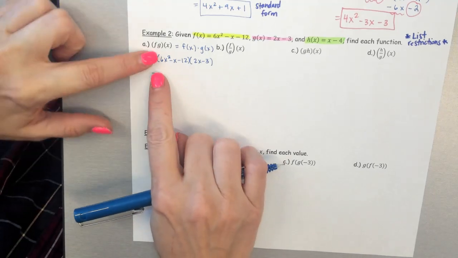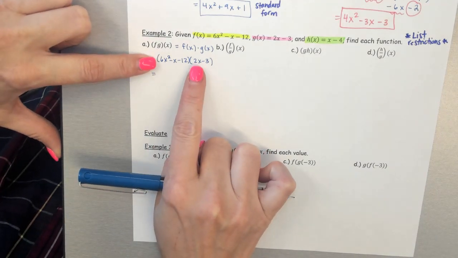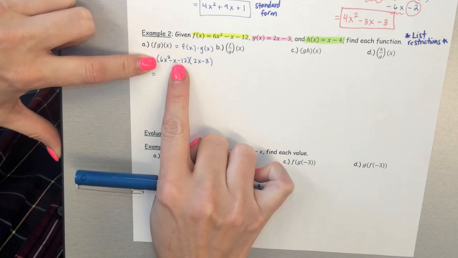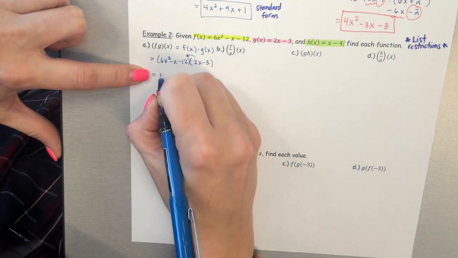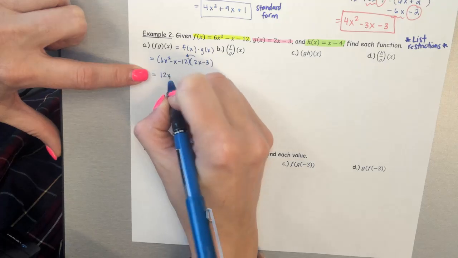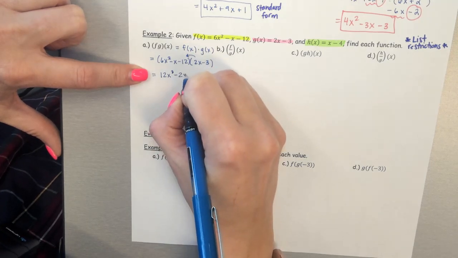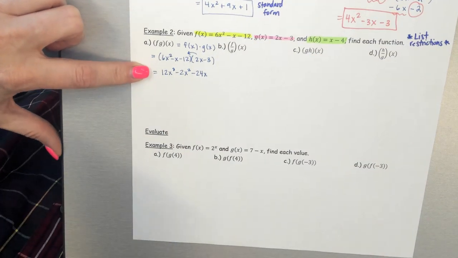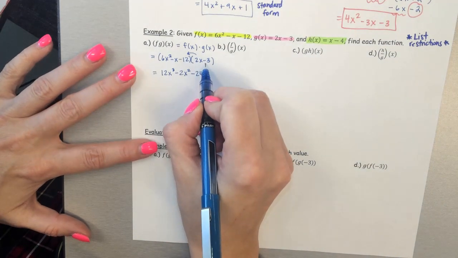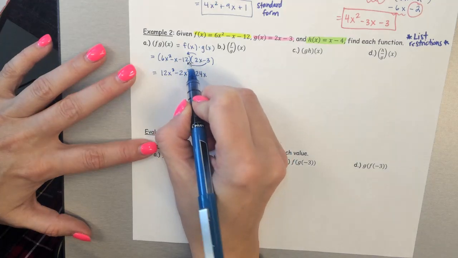Okay, and then Riley, when you distributed, did you distribute the 2x to everything? Okay, can you tell me what you got for the first row? Good. Okay, and then Hudson, did you distribute the negative 3 to everything?